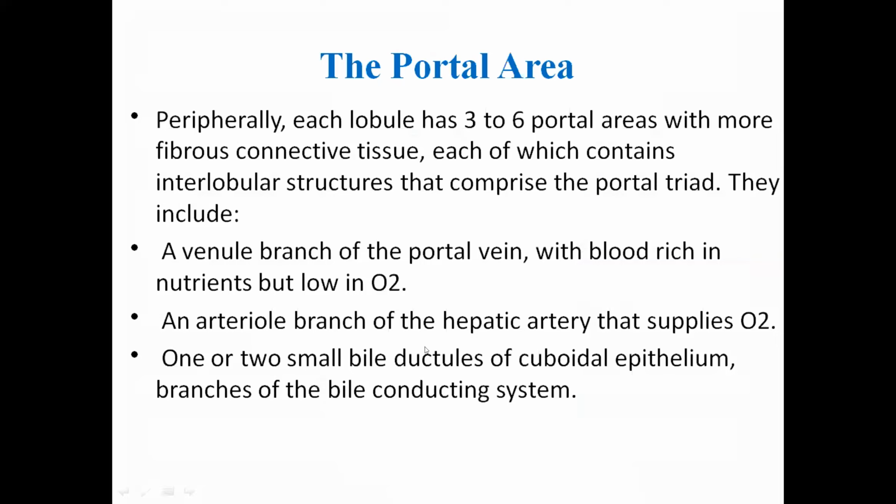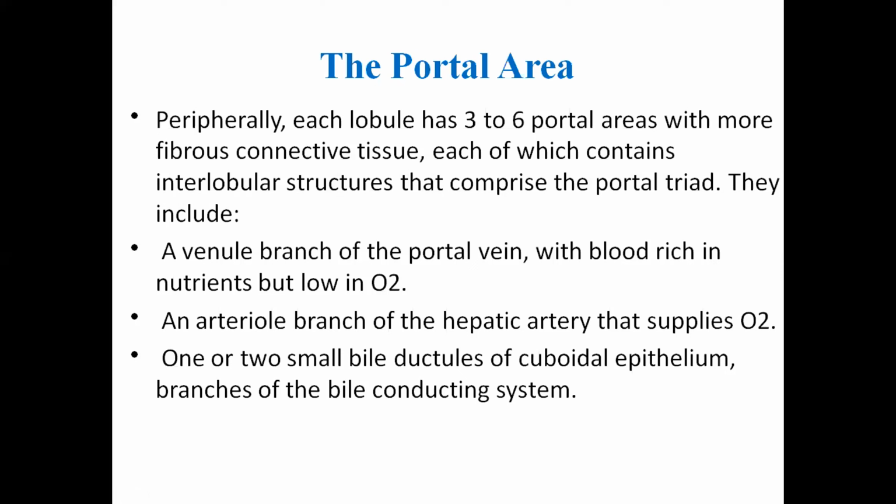A branch of the portal vein contains blood which is low in oxygen and rich in nutrients, while the arteriole branch of the hepatic artery is rich in oxygen, and one or two small bile ductules are lined by cuboidal epithelium.